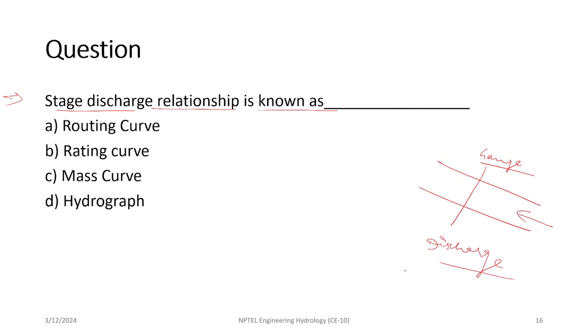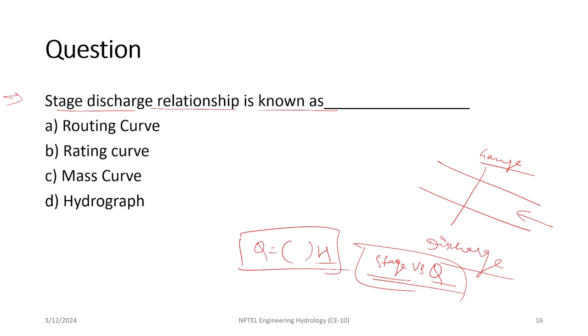They firstly establish the stage versus discharge data, that is Q. So firstly they establish the relation between stage and Q. Q will be in terms of some constant versus stage, which is H. This is the equation they establish for this particular cross section only.